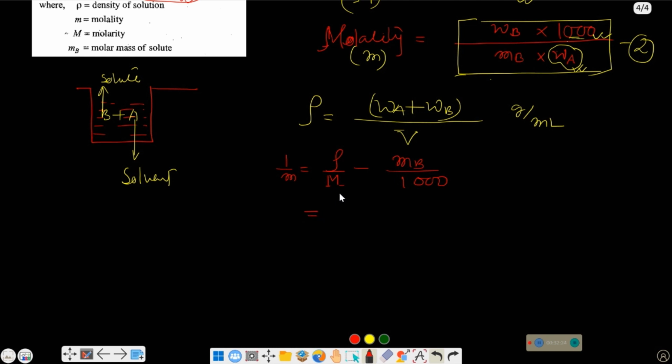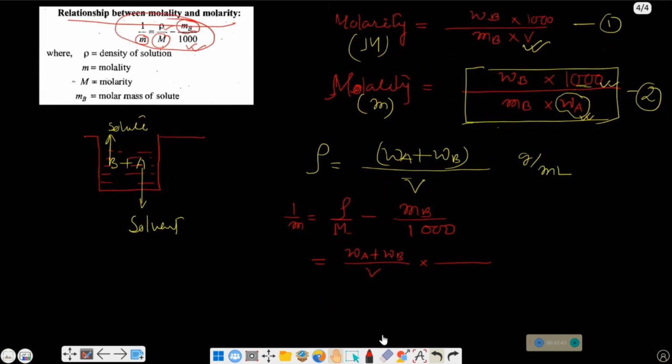So from here, if we proceed, we can prove this like this: Wa plus Wb by V, divided by capital M. What does the molarity equation say? It gives us this.